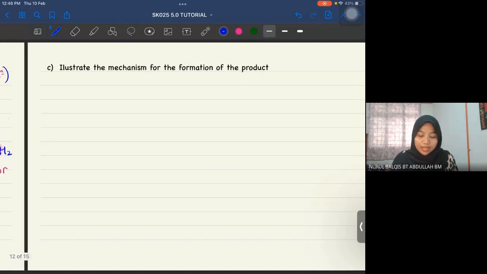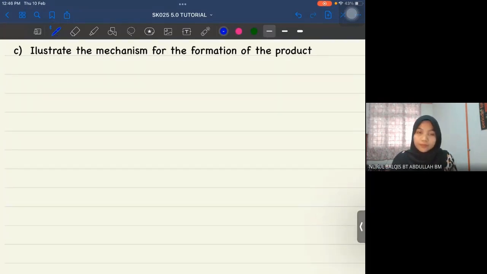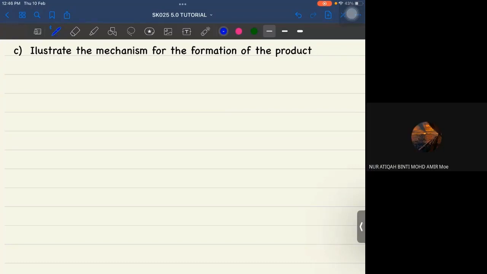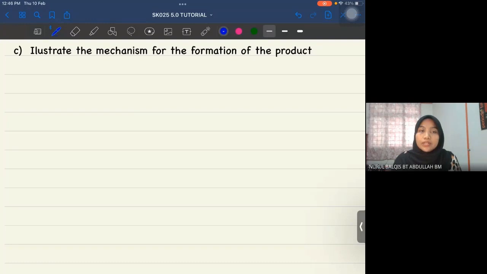How many steps do we have? Three. Okay, we have 3 steps altogether. Only for free radical substitution, you need to state what step 1 is called, what step 2 is, what step 3 is.